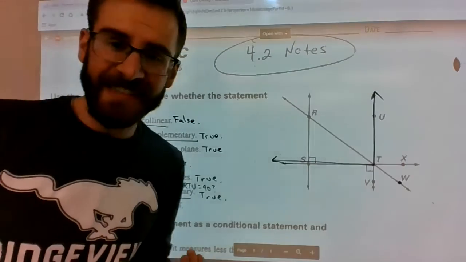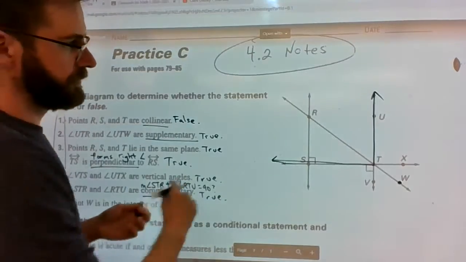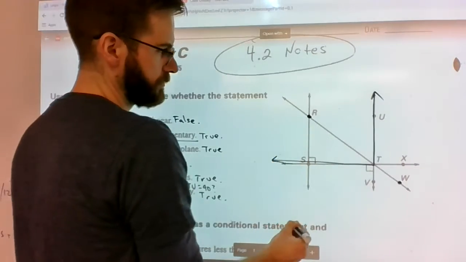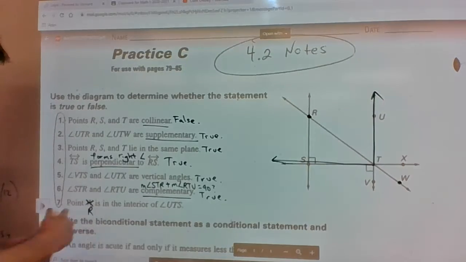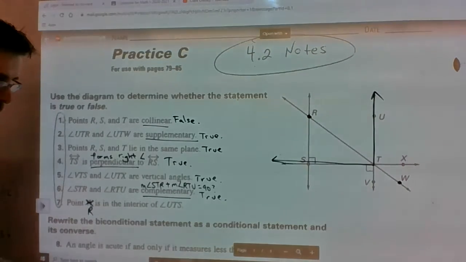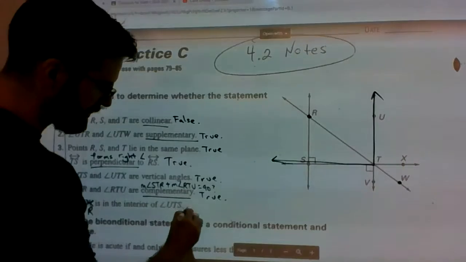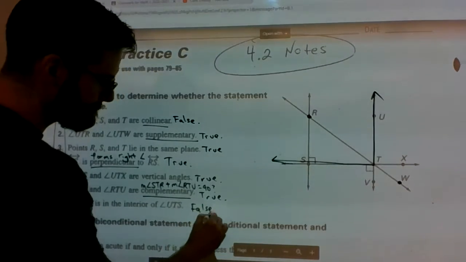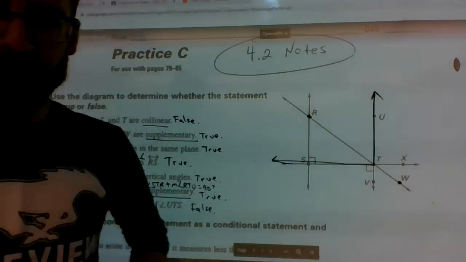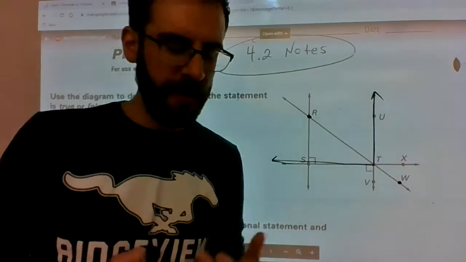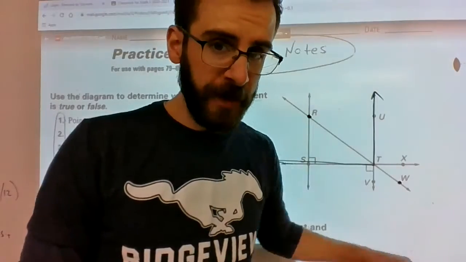The only point that's interior to UTS is point R. So point R is in the interior of UTS, but not point W. So this is going to be a false statement. So that's pretty much what you guys are doing on a lot of the homework today. Seems pretty easy, yeah?